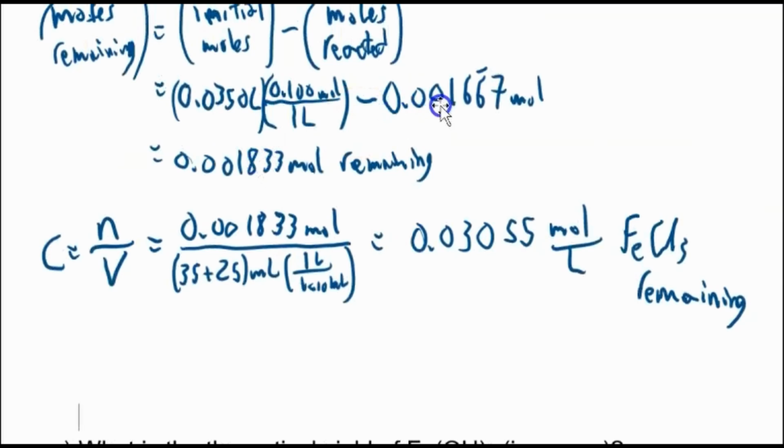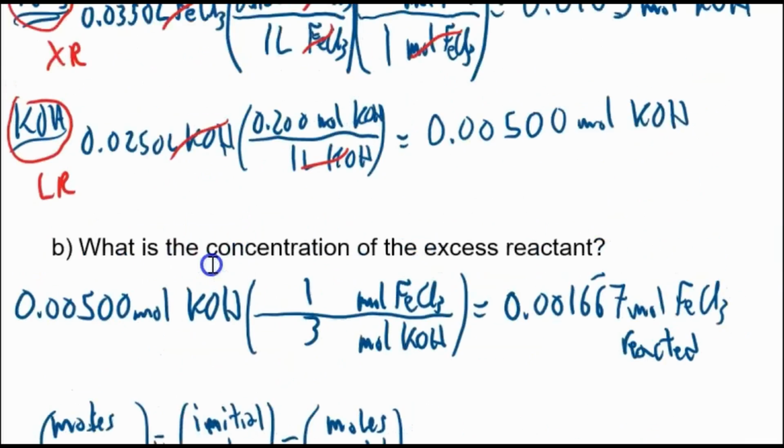Now, we have 1, 2, 3, 4. Oh, actually, look at this. No, there's 3 sig figs. We're good. This is 3 sig figs here. So this is only significant to here, and we should only report these 3 digits.